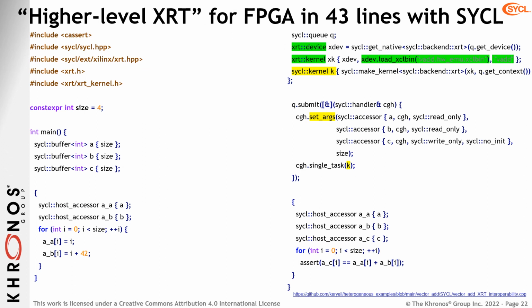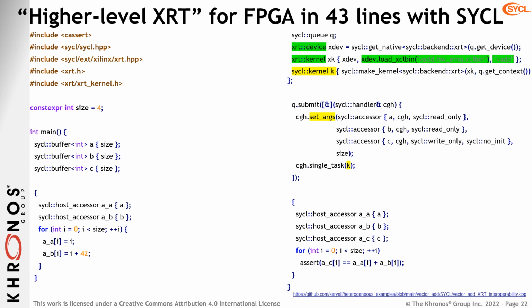By using the SYCL interoperability mode, we can build from scratch a higher level XRT, which allows you to divide by mostly 2 the number of lines required compared to plain XRT C++ code.